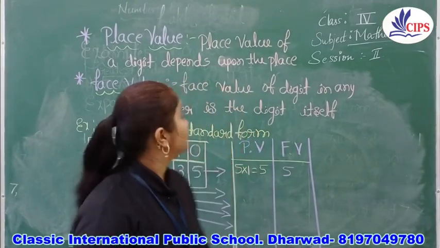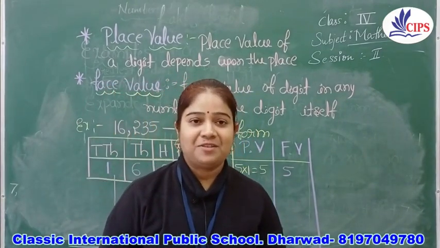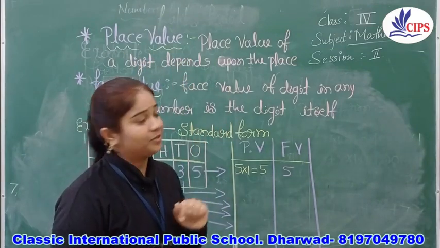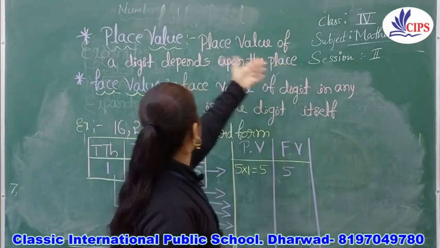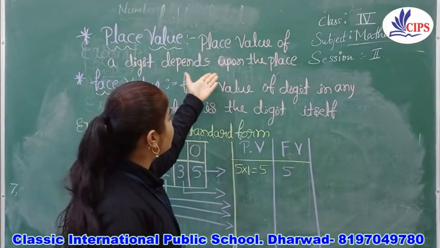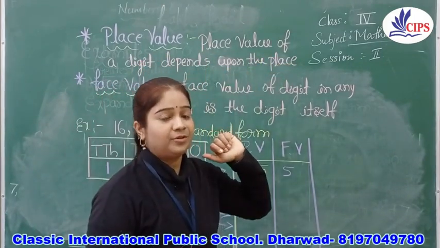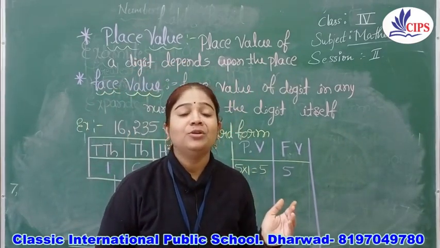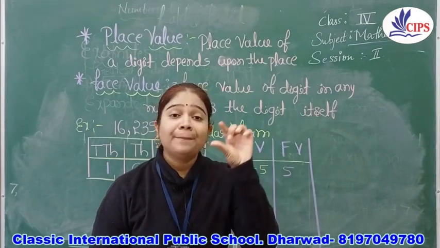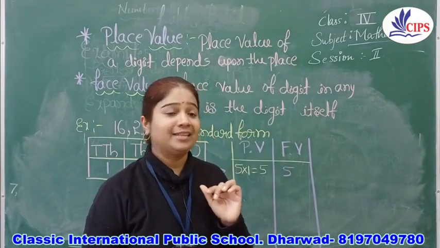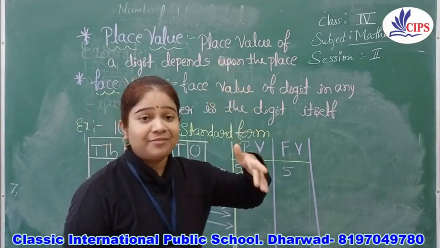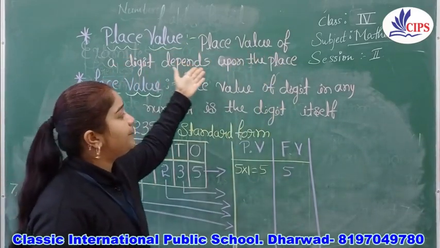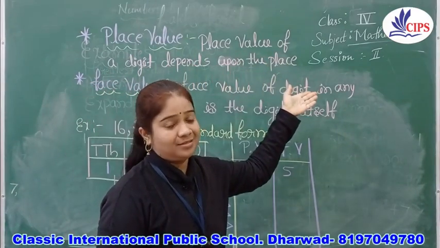Now we'll move to place value and face value. As given here, the place value definition: place value of a digit depends upon the place. As the name itself suggests, place value is about the place of that number. Hence we define it so.